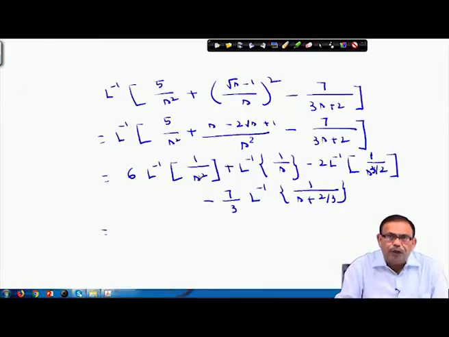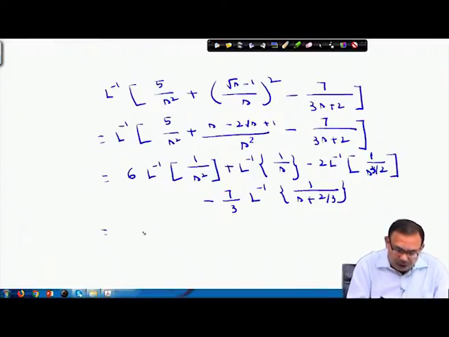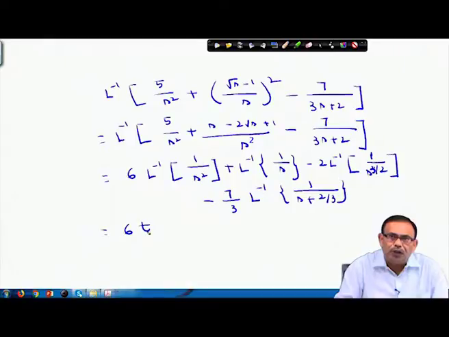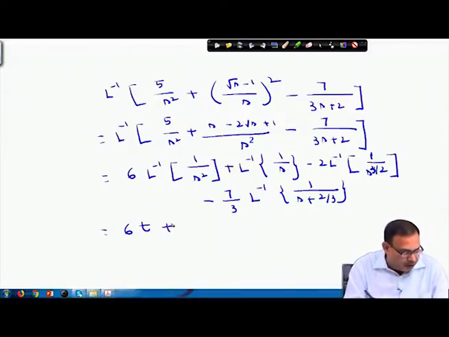Just like, if you see 1 by s square, is the Laplace transform of which function, that I have to write down. So 1 by s square is, if you take the function t, whose Laplace transform is 1 by s square. Therefore, inverse Laplace transform of 1 by s square is 6t, 6 into t.